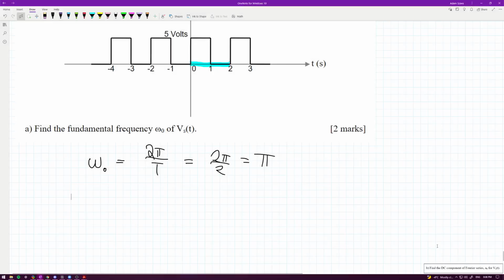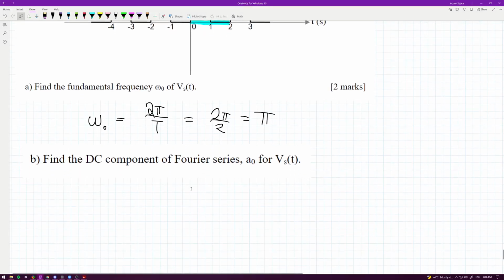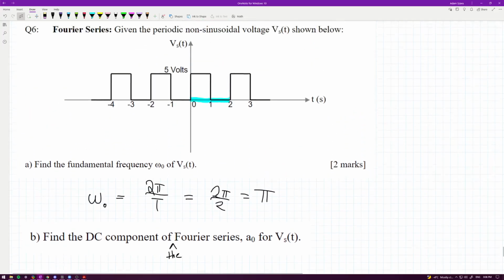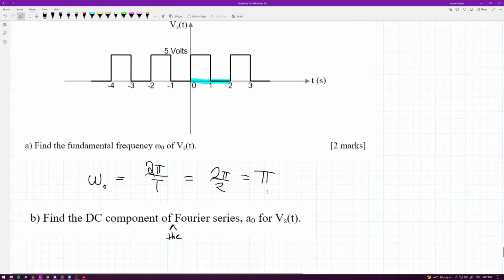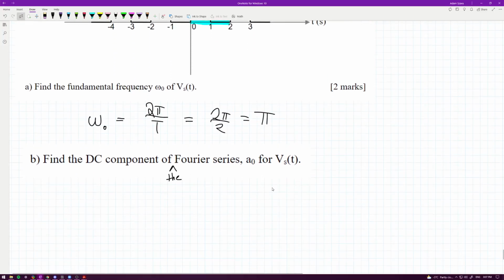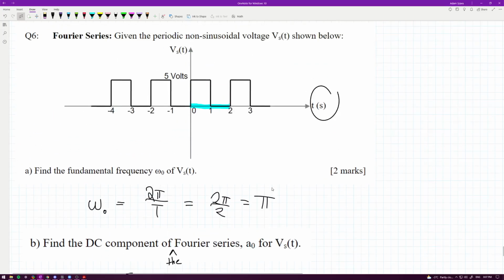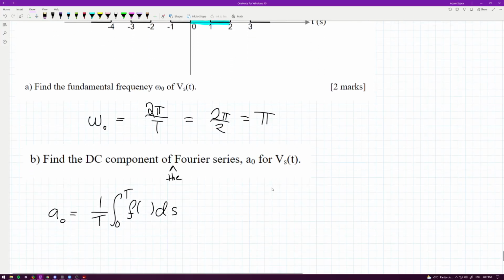Part B is find the DC component of the Fourier series, A0 for Vs. To compute that, it's really the average value, but it's best to go right with the formula: 1 over the period times the integral over the period of f of t dt, with t in seconds on the t axis.